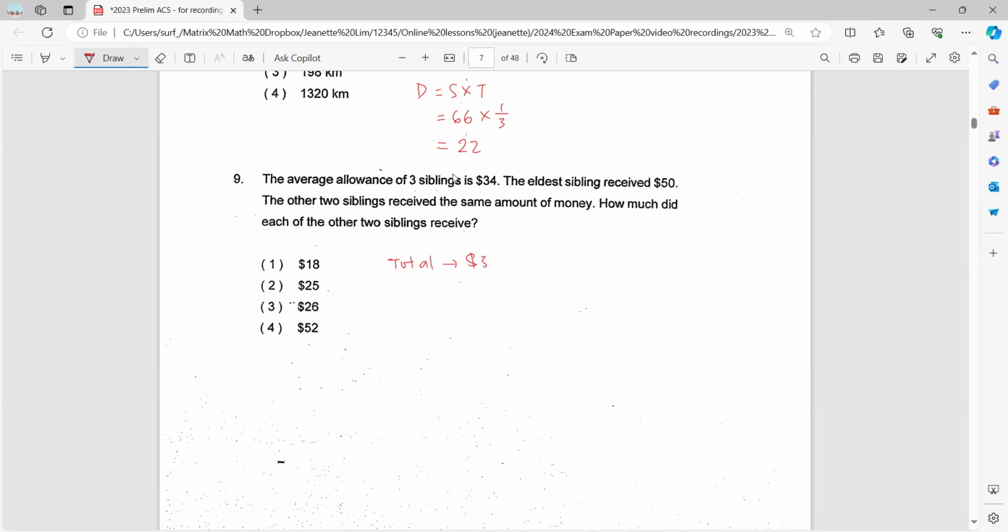So total is 34 times 3, which is $102. Now, let's take away the eldest sibling first. Eldest sibling is 50, so we are left with 52. This 52 is shared between the 2 other siblings. They got the same, so you divide by 2, which is 26. So each of them received $26. Option 3.